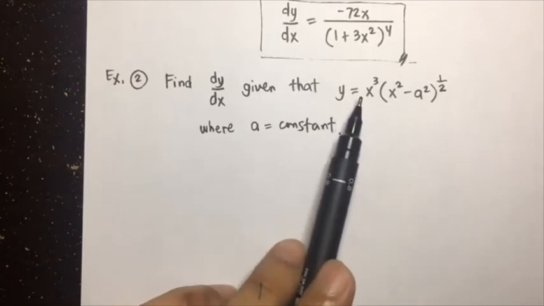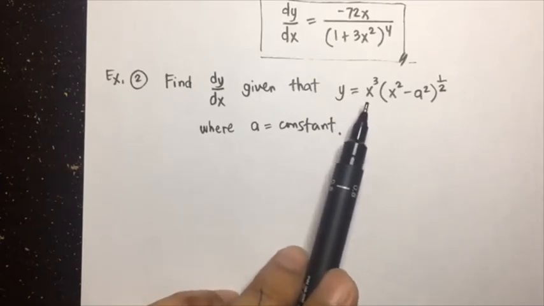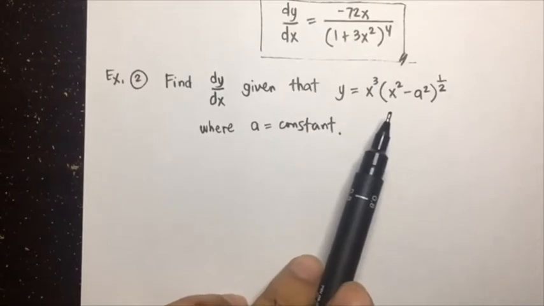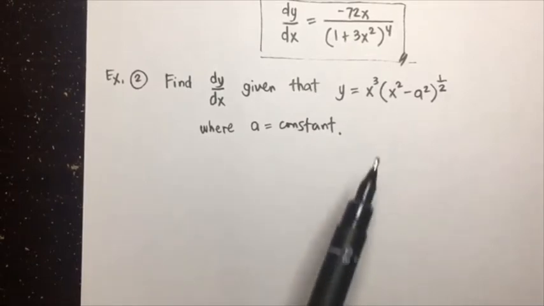So the derivative of a product is u times dv over dx plus v times du over dx.